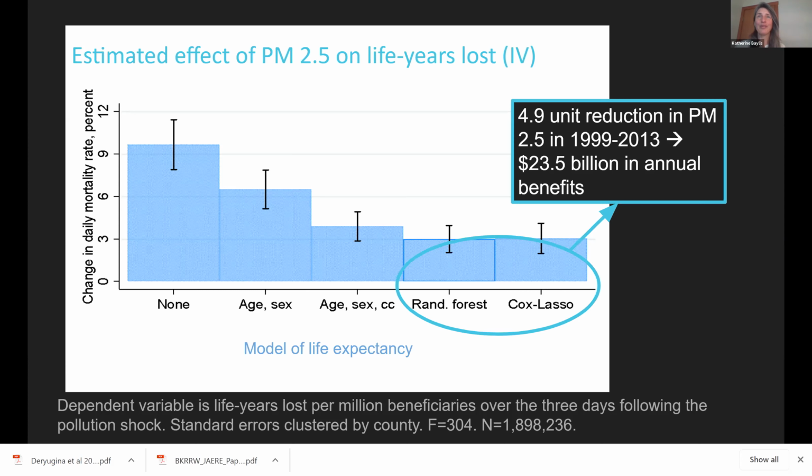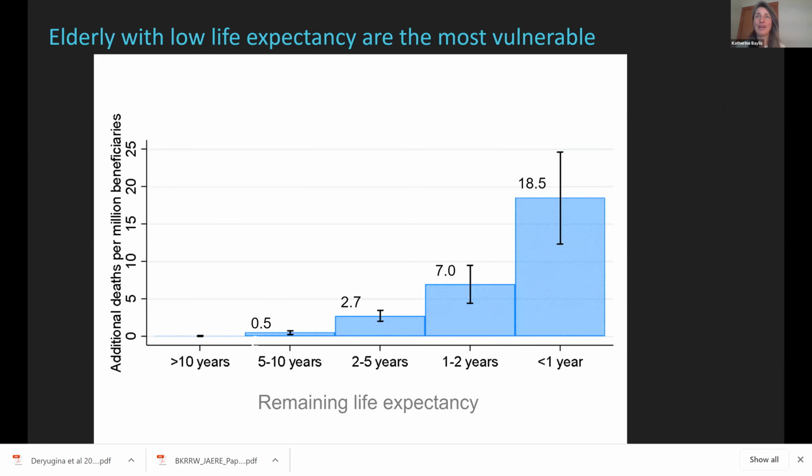Okay, so to give you a sense of the estimate. And the thing that they also find in particular is that the biggest benefits, let me flip that around. The largest potential loss in life from exposure to PM 2.5 is happening amongst those individuals who have the least life expectancy, i.e. it's the folks that are already pretty sick that are most subject to potential mortality from pollution.